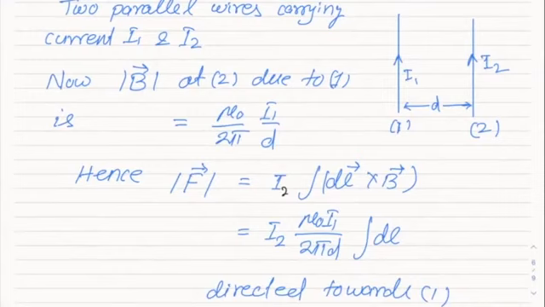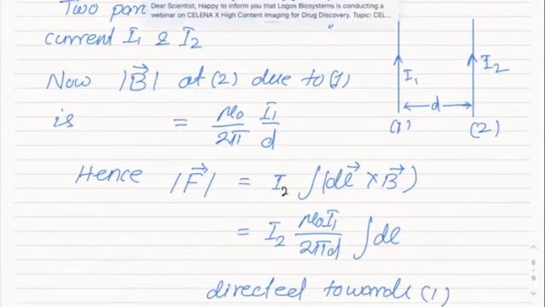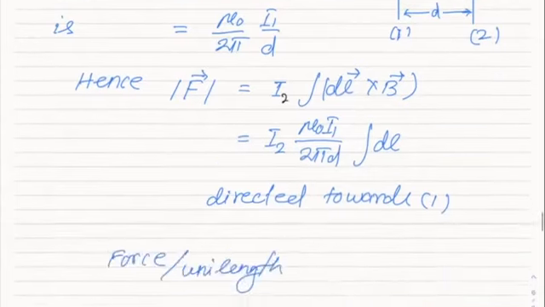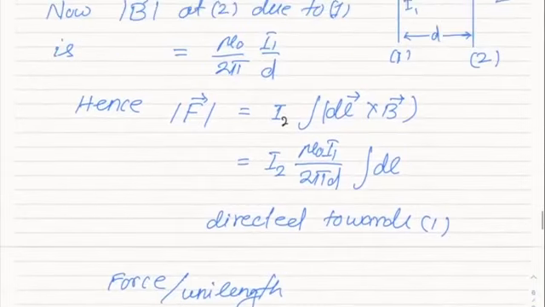Then dl cross B should be directed towards I1, so it's an attractive force. The force between two current carrying wires where the currents are running parallel will be attractive.